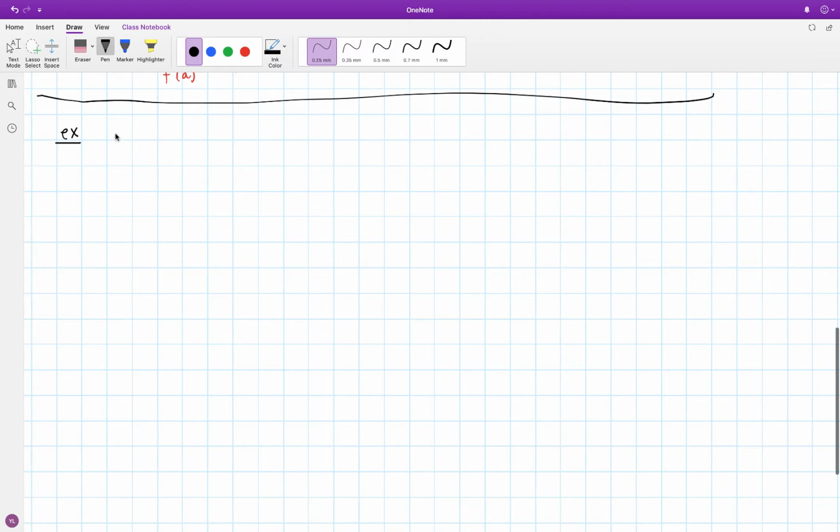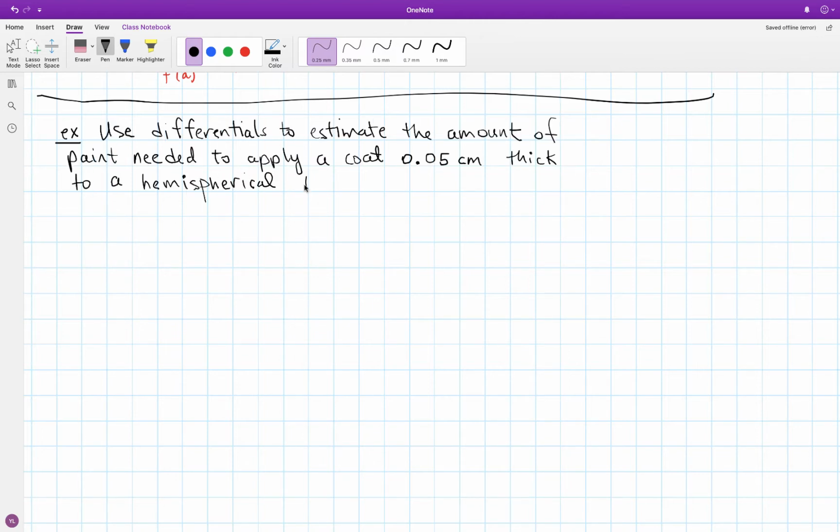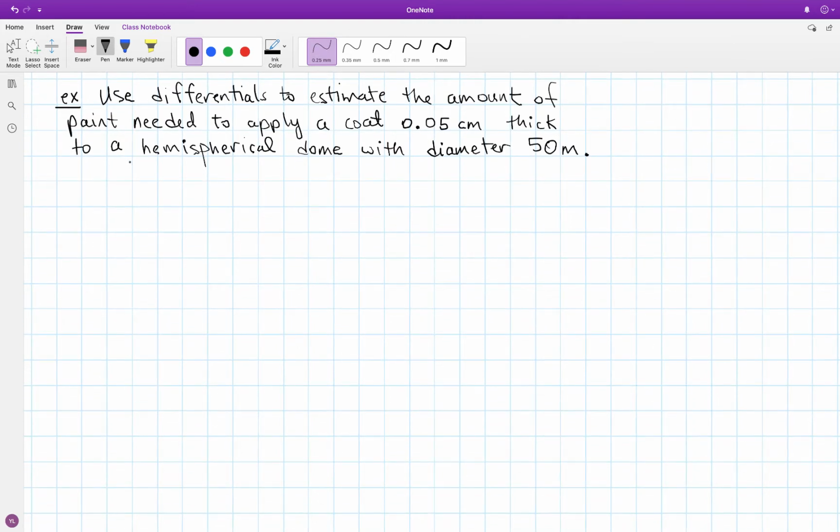And in this problem, you can really get a feel for why the perspective of change could be useful depending on your context. So let me go ahead and write out the problem. Okay, so let's read the question and see if we can understand what it's asking, and then try to fit it into this context of differentials where we're estimating the change in some dependent variable in a function.